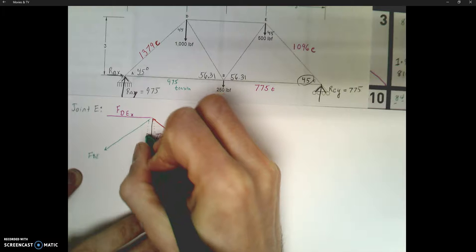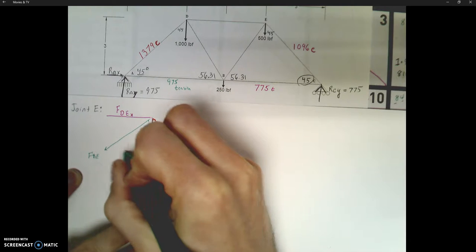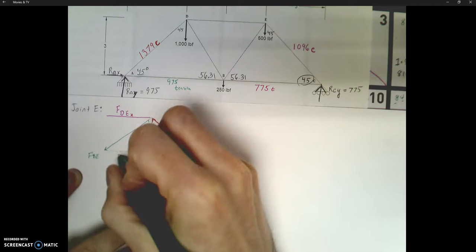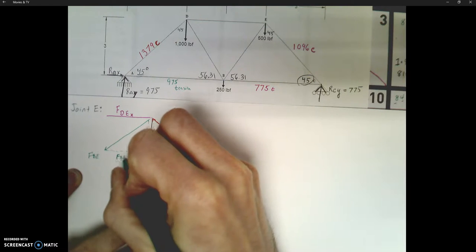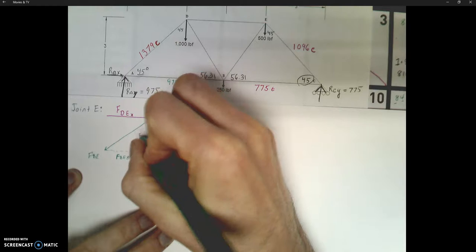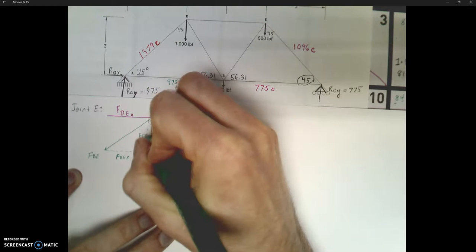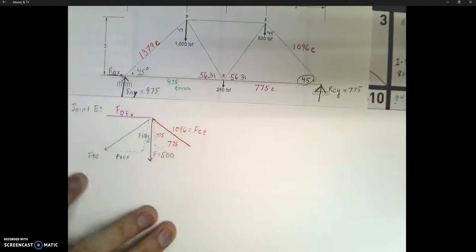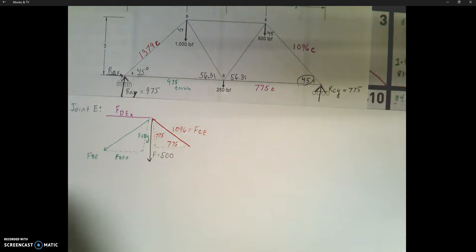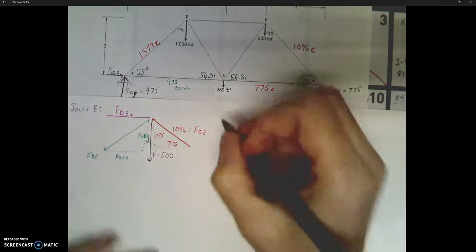It is an angular vector, so it has two composite vectors. It's going to have a force of BE in the X direction, and it's going to have a force of BE in the Y direction. So this is the free body diagram. All of the different lines that are touching E, then all the composite vectors of the two angular vectors of the force of BE and the force of CE that are there.